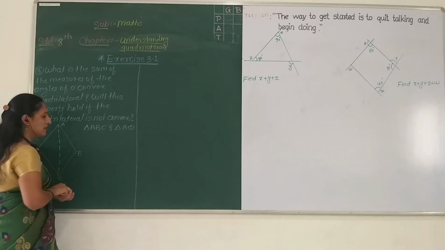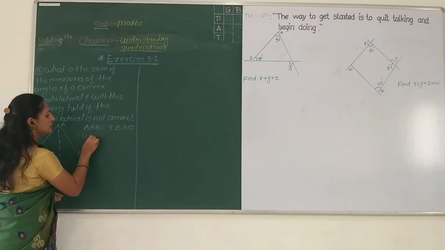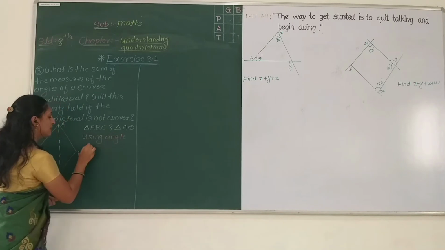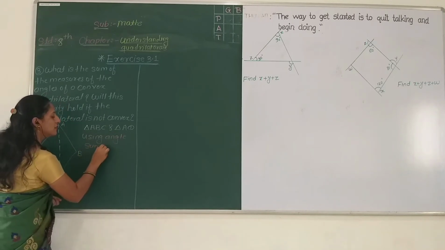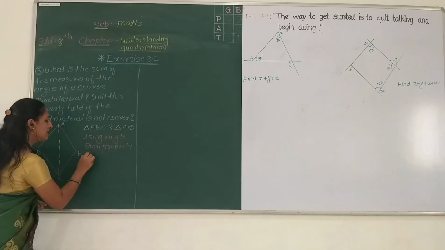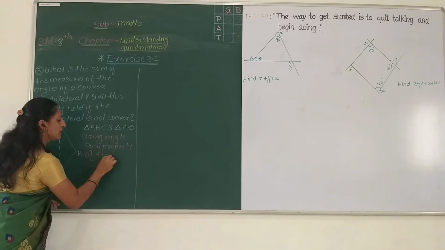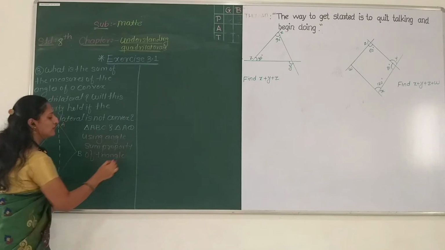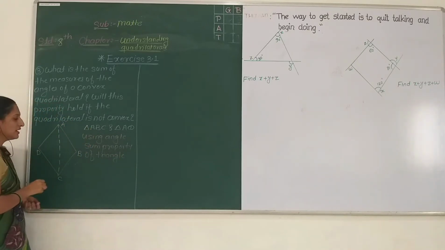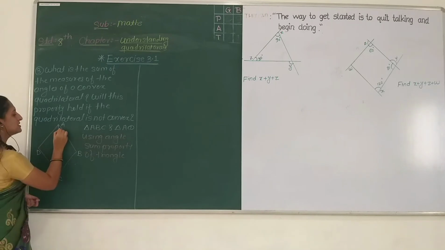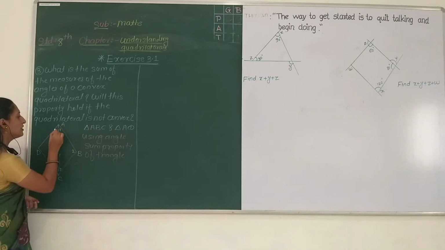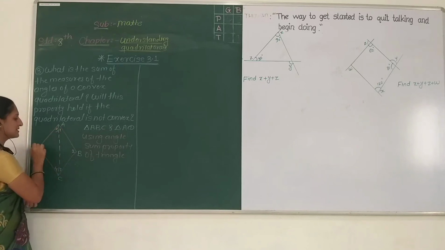So here I write, using the angle sum property of triangle. Here I name these angles 1, 2, 3, 4, 5 and 6.